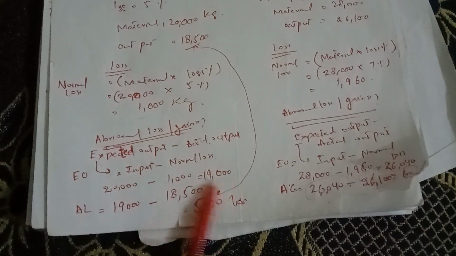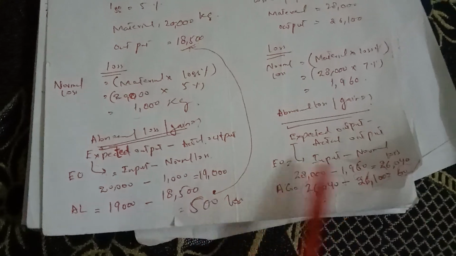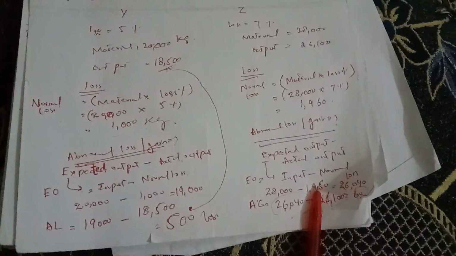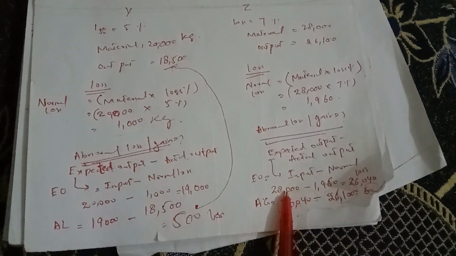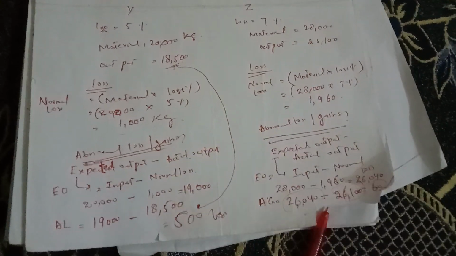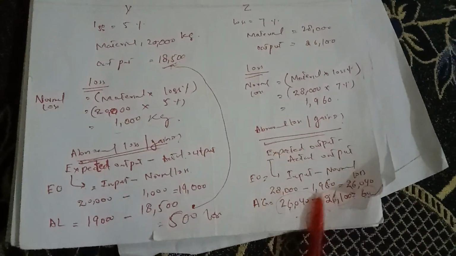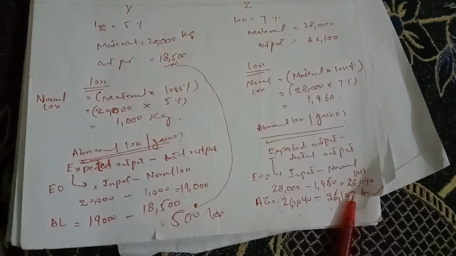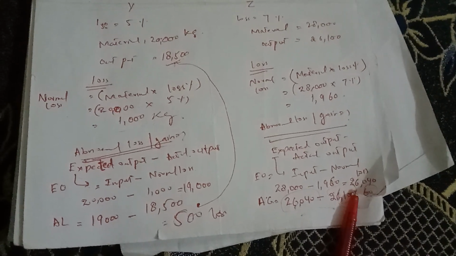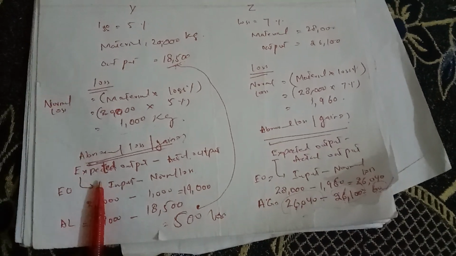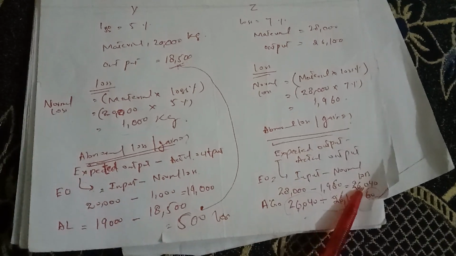We deduct both, and there is 19,000. Likewise, in process Z, the input is 28,000 and the normal loss is 1,960. We deduct both, and there will be 26,040 as the expected output.